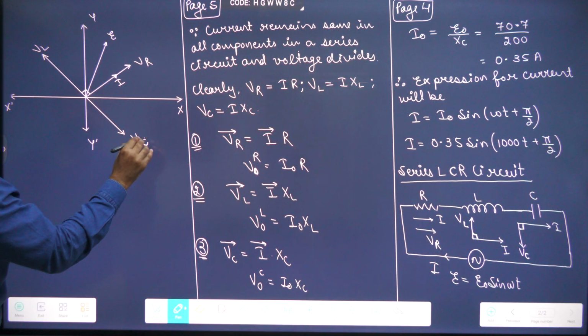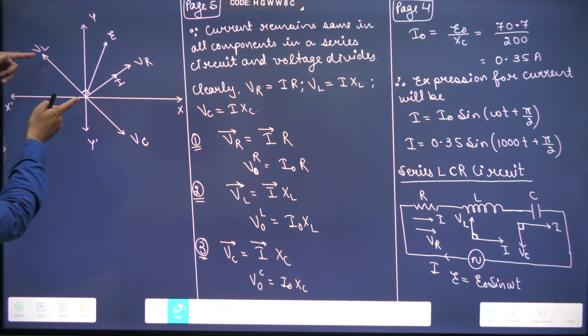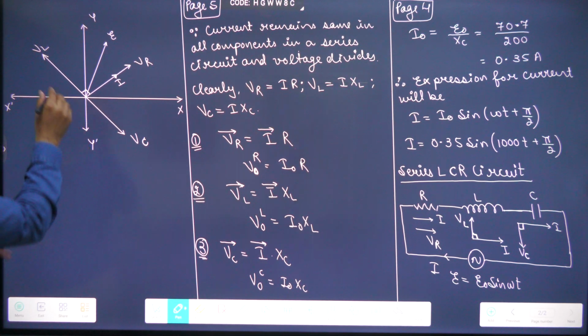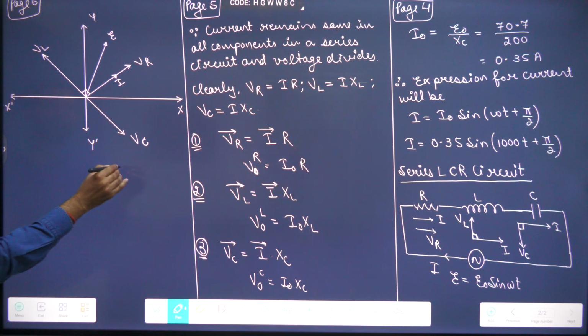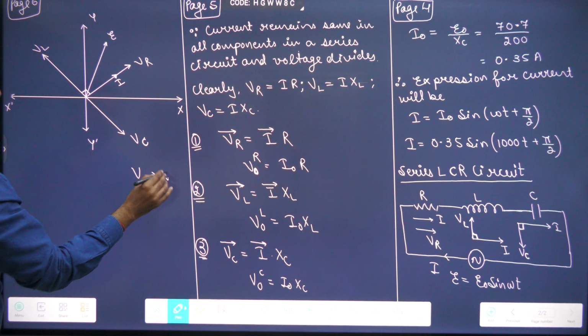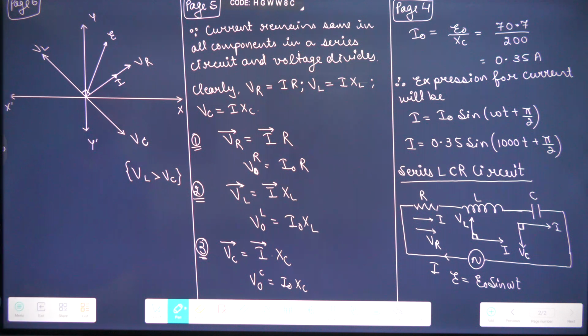So here there are two cases. First case is that VL is a little bit greater than VC. So you can see that I have taken the length of VL more than VC. We can write here like this: VL is greater than VC.